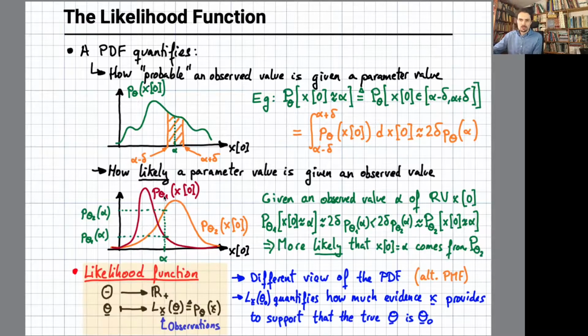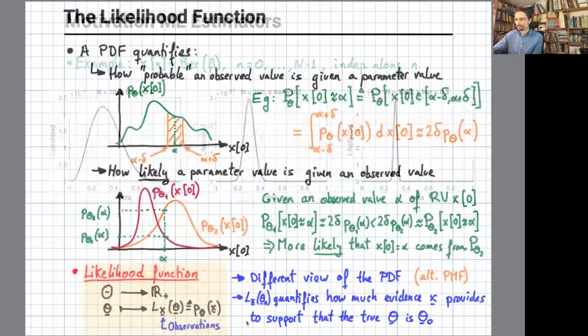And that took us to define the likelihood function in this way as a function that assigns to each value of the parameters a quantity that can be interpreted as the evidence that the data provides to support that specific value of the parameter.